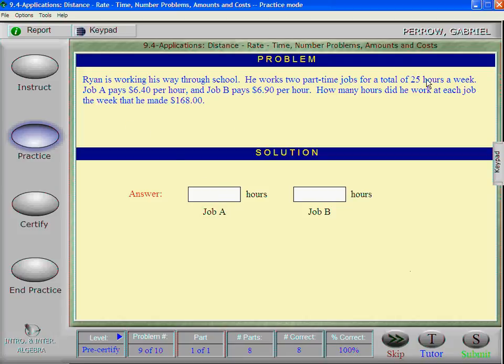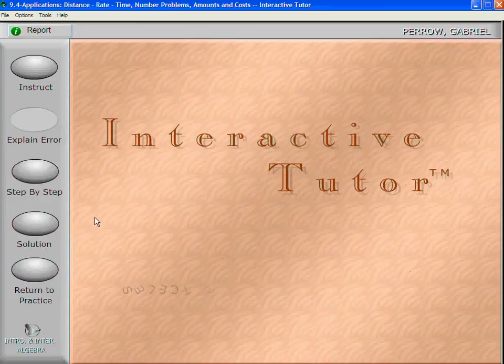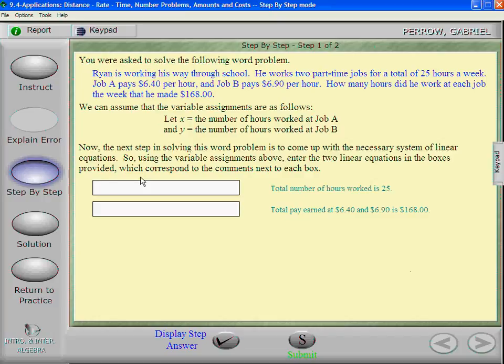You want to figure out basically in the wording of this problem where this guy works a total of 25 hours between two jobs, $6.40 per hour for one job, $6.90 per hour for the other job, makes $168 a week. If we go to the tutor mode, they want the two equations that you're going to need.